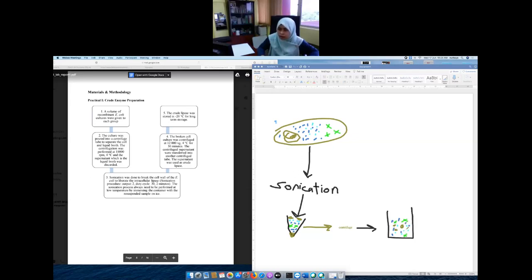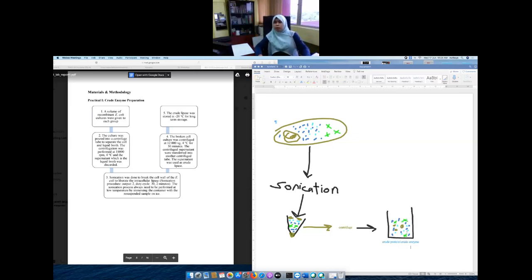So this is called crude protein, or crude enzyme. Done. We have got the crude enzyme here.